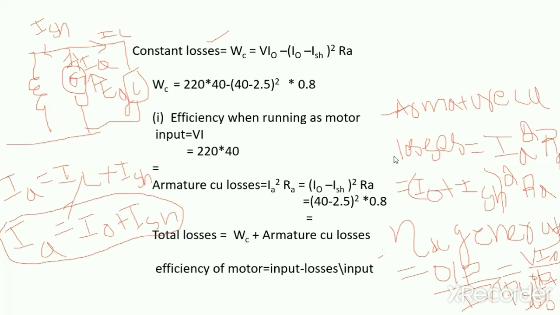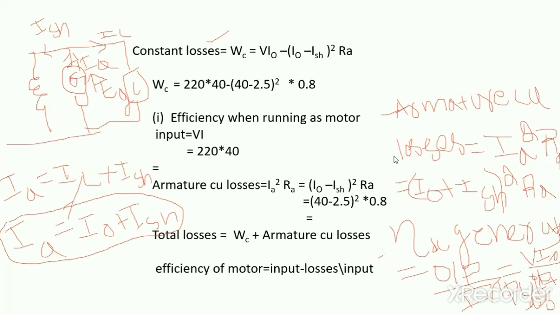In direct load testing we obtain accurate results, but here we do not. Why? Because without applying the load, we are predetermining the efficiency. That is the main reason it does not give accurate results.